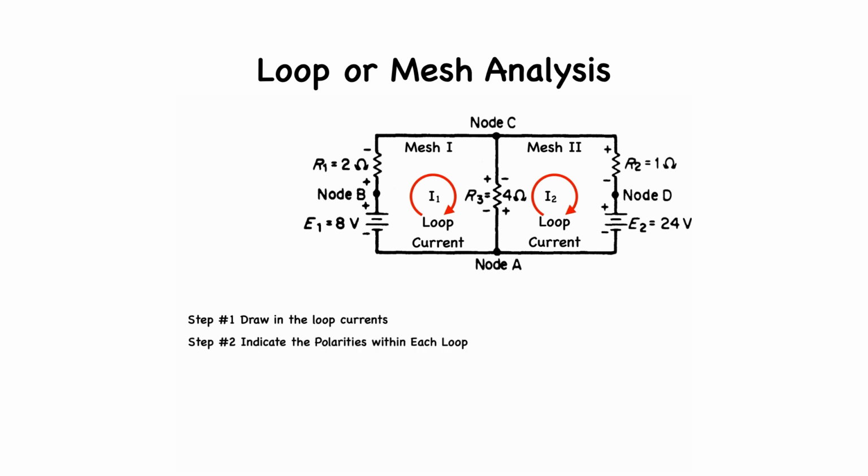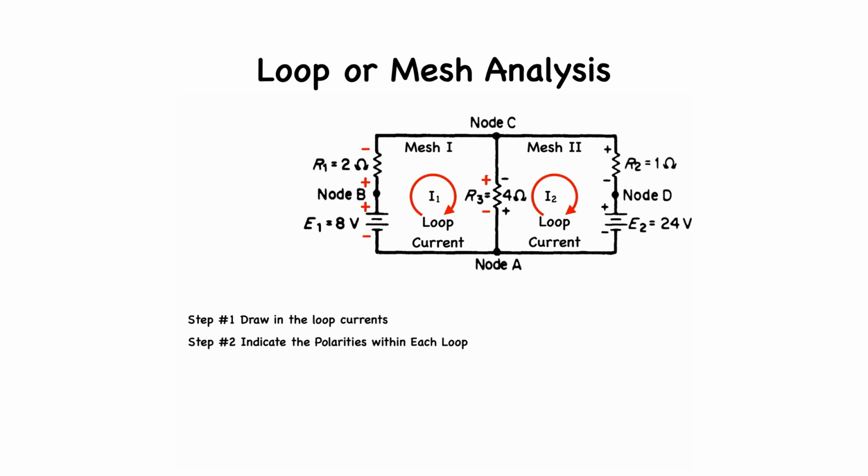In step 2, we indicate the polarities of each voltage drop within each loop. Identify the polarities to agree with the assumed direction of the loop currents, starting with loop number 1 at R2, then R3, and ending with E1. Notice that the voltage drops across the resistors are positive with respect to the current flow, and the voltage across the power supply is negative because it is not dropping the voltage in the direction of the current, but doing just the opposite, providing a voltage rise.